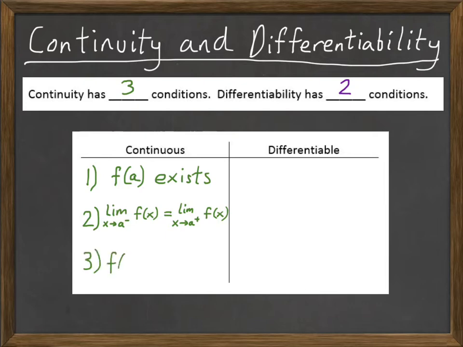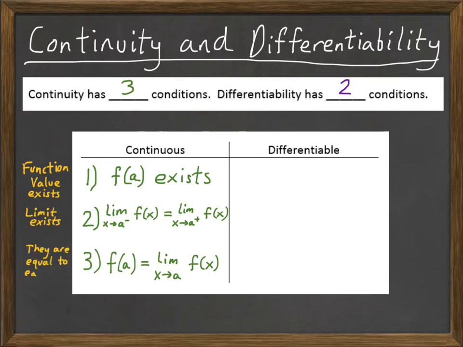Then the third one would be to say that the function value is equal to the limit value. A short way of putting all of this is to say that the function value exists, the limit exists, and they're equal to each other. We've already talked about that. If you need some help still on that, feel free to ask in class.